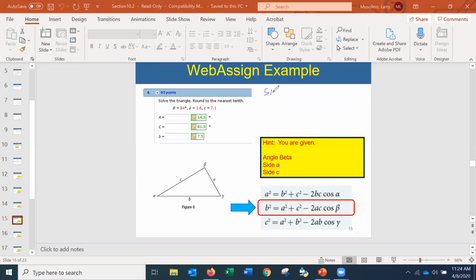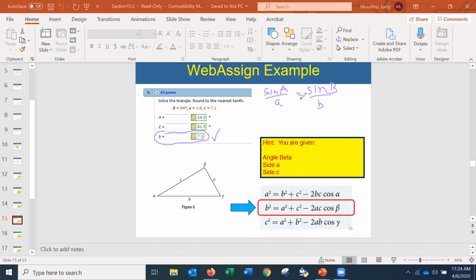Well, it's sine A over A equals sine B over B. That's a law of sines. Yes. And I want to see if I could use it now, because what's new is I already figured out side B a minute ago, right? We figured out that side B was 7.1.